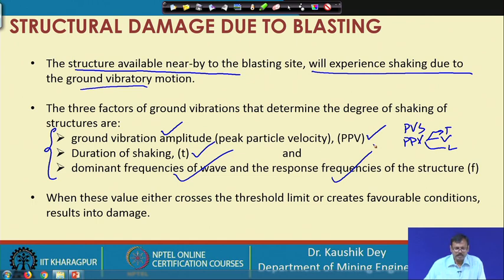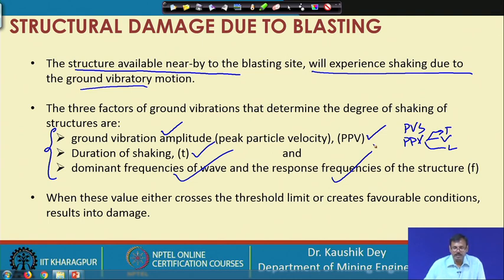In this case, I would like to give you some idea about the earthquake. I think personally all of you have experienced an earthquake sometimes, and in an earthquake also, ground vibration occurs, which is more or less similar to the blast vibration.